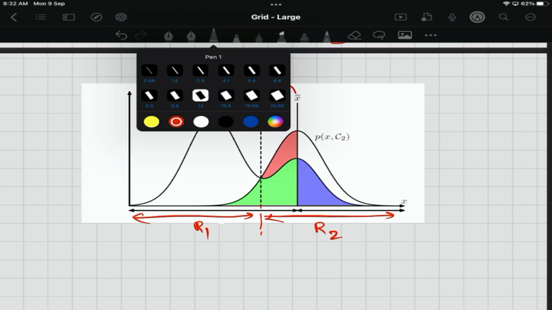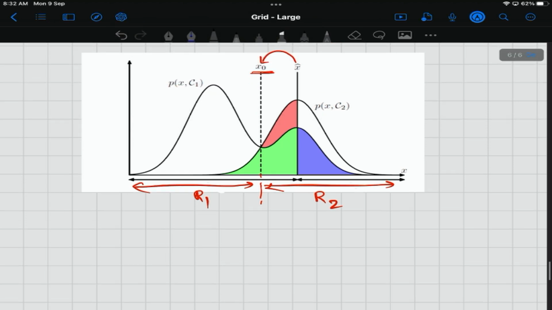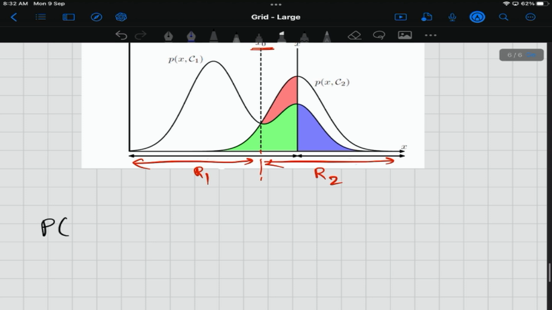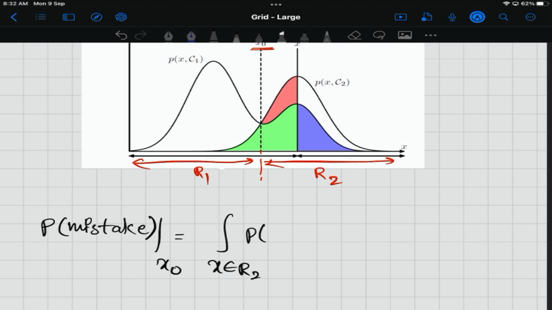So now, can you write the probability of mistake for this case? Probability of mistake with x naught as the separating hyperplane. So what do you have to do? X is coming from R2, but it is still following your distribution.